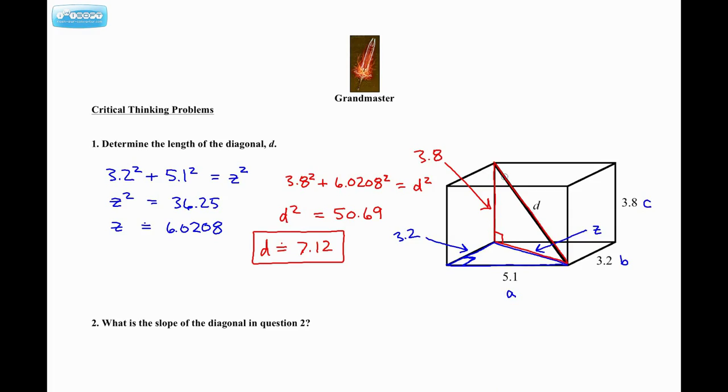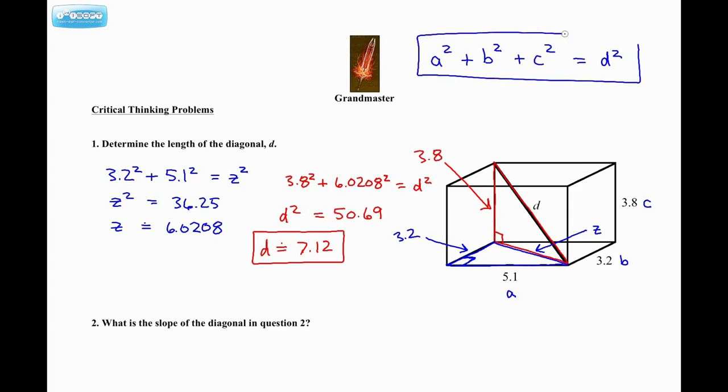If you want this diagonal D, the relationship is A squared plus B squared plus C squared equals D squared. So it's like Pythagoras, but with another term added.